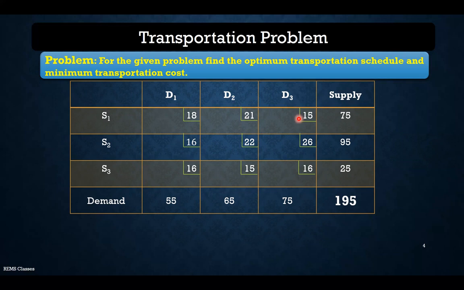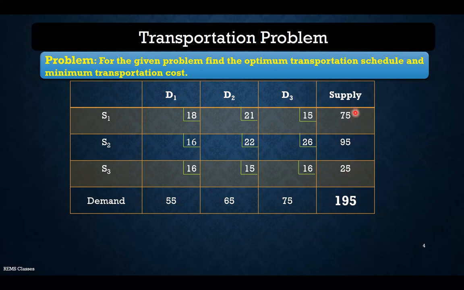We have the transportation costs. There are three demands and three supplies. The demands are 55 units, 65 units, and 75 units, and respectively the supplies are 75 units, 95 units, and 25 units.